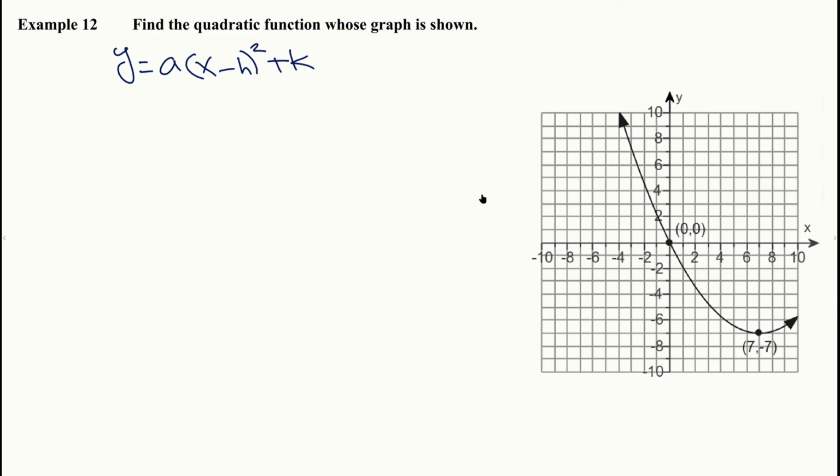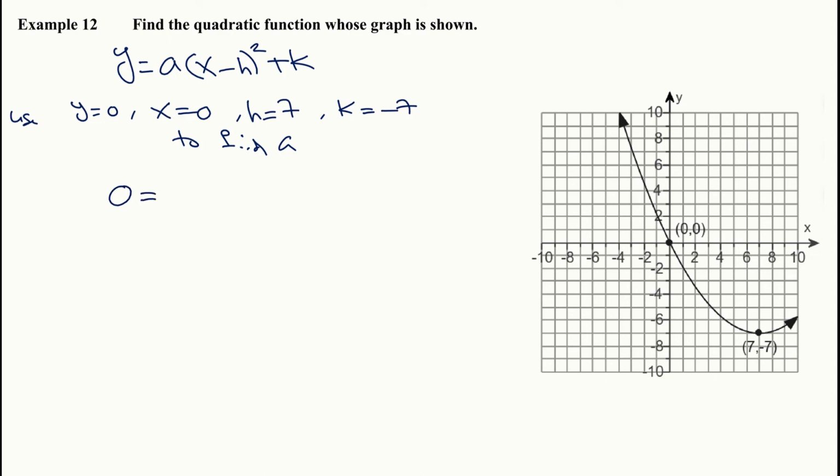I'll use 0, 0 as my particular x, y, and I know what h and k are. So use y equals 0, x equals 0, h equals 7, k equals -7 to find a. That's what we're going to do.